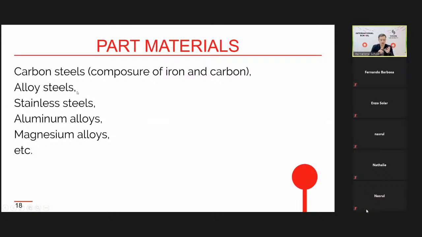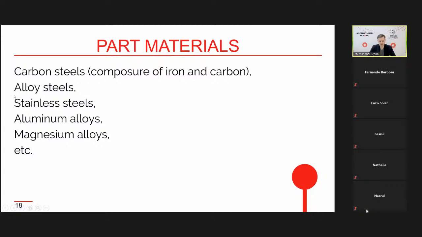For example, nickel, chromium, titanium, aluminum, tungsten, and so on, cobalt, vanadium, and so on. The percentage of these elements can be approximately up to 5% in the whole composition. But they improve the properties of the steel.